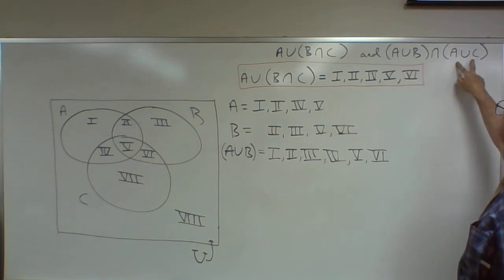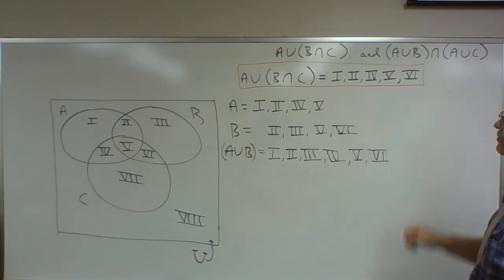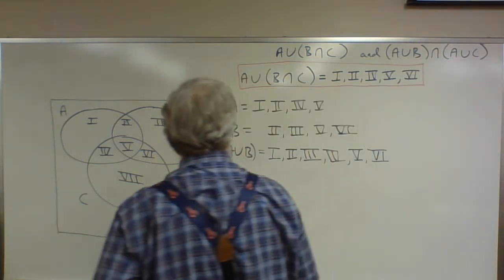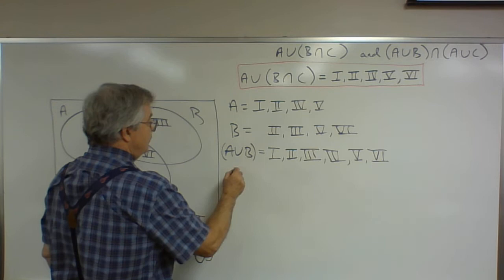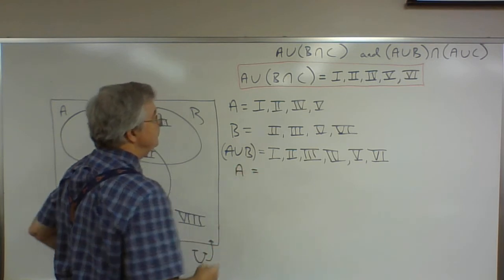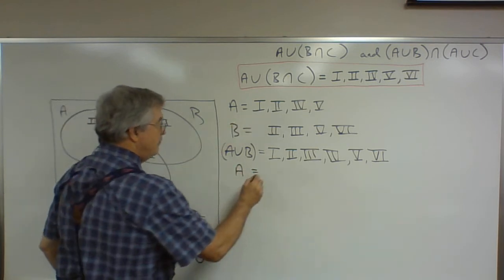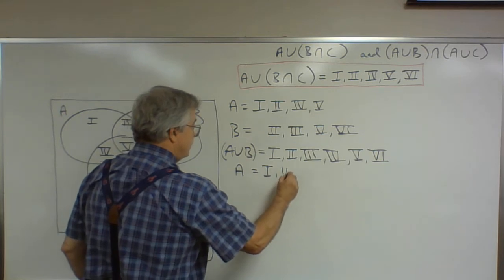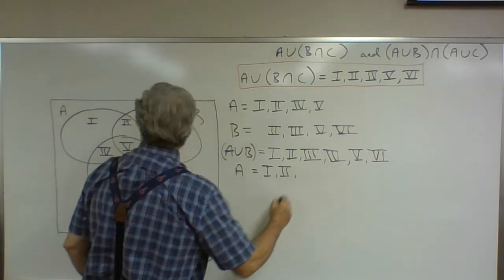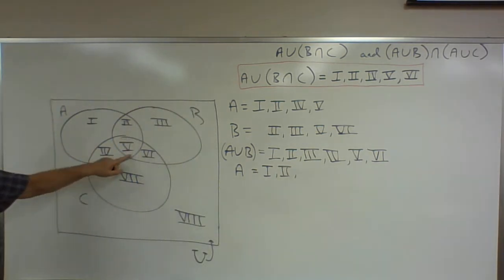This is the next ugly set right here. A union C. So I'll write down the regions that are in set A again. 1, 2, 4, and 5.